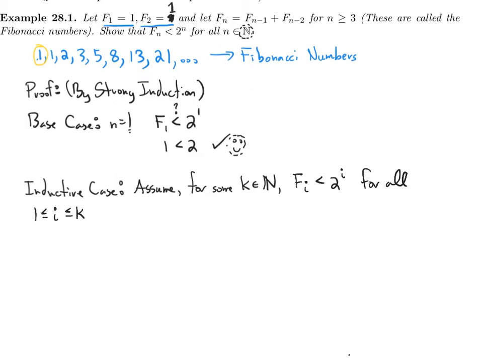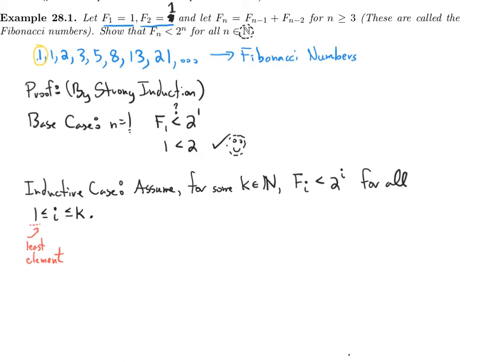So we're thinking of this isn't necessarily 1, this is our least element. So remember, what we're assuming is F1 is less than 2 to the 1, F2 is less than 2 to the 2, F3 is less than 2 to the 3, all the way to Fk is less than 2 to the k. So we're assuming all of those things.